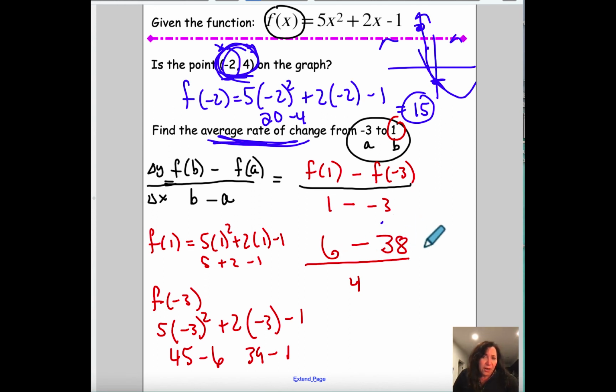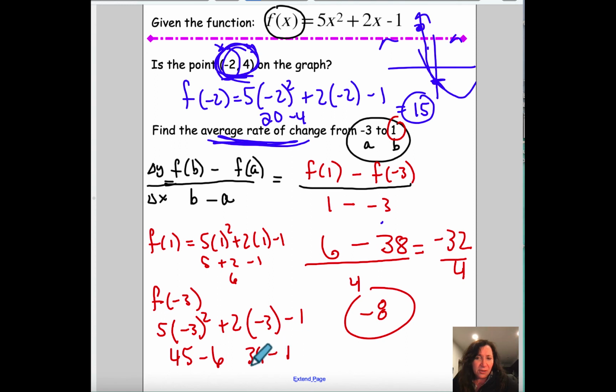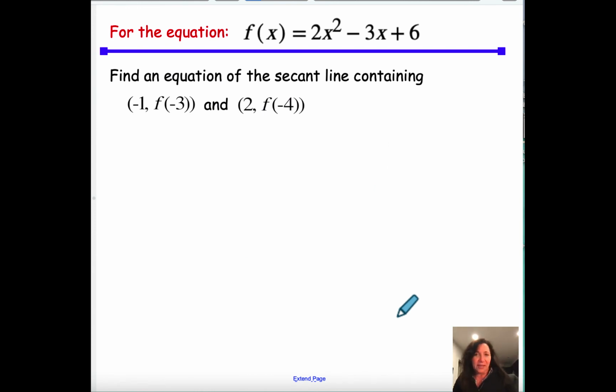So 6 minus 38 is -32 over 4, which is -8, or -8 over 1. So the average rate of change, or my slope, is -8. Cool. All right. And I just wanted to put that f of 1 was 6 here, and this we said was 38.